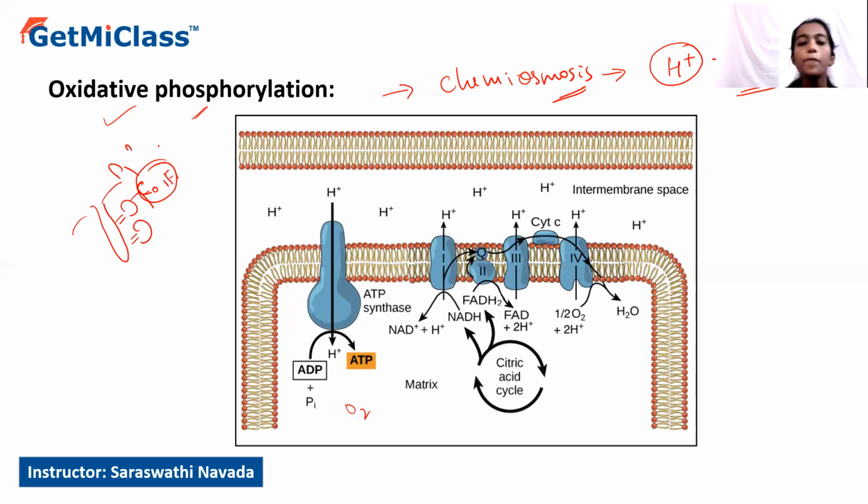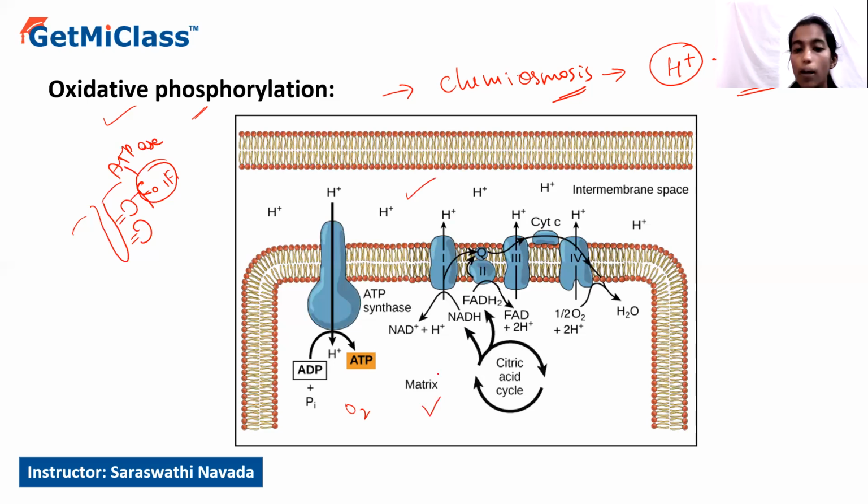During the electron transport chain, we have seen that many hydrogen ions are pumped to the intermembrane space, so that the concentration of hydrogen ions in the intermembrane space is higher compared to that of the mitochondrial matrix.